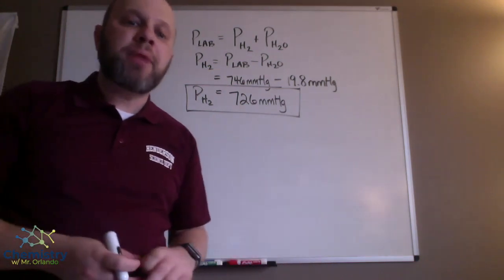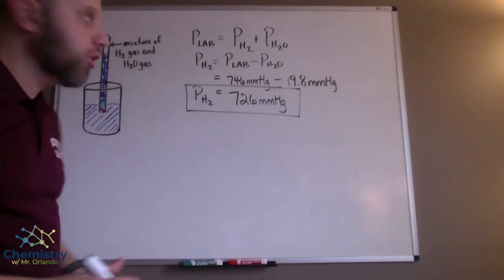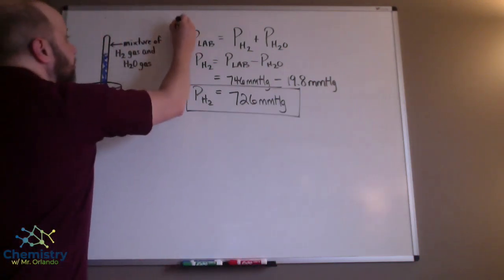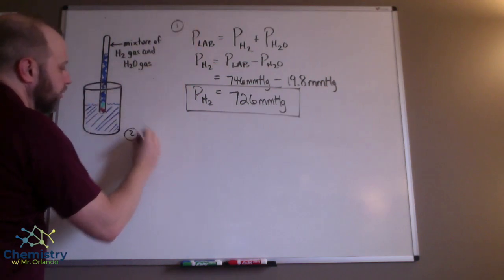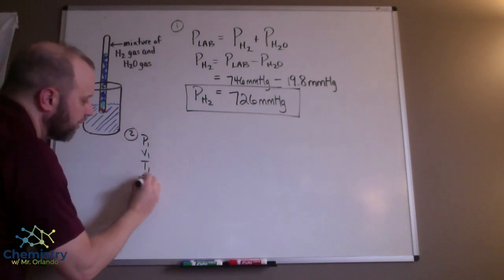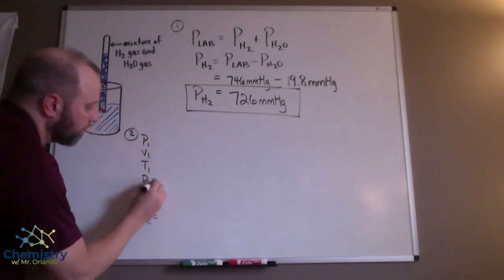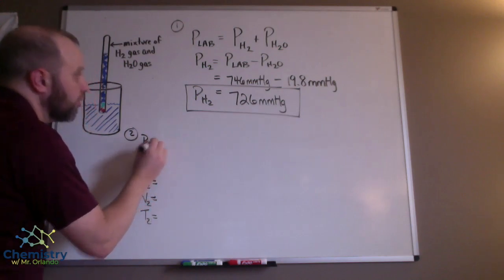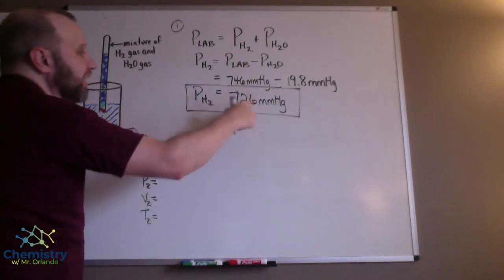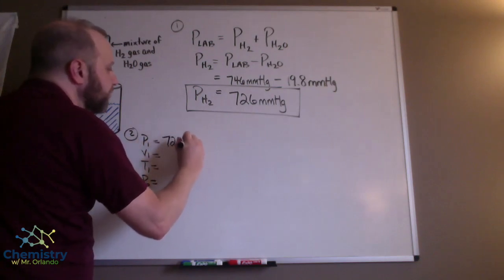So for problem number 2, since it's a combined gas law problem, I'm going to start by writing out all of my variables on the side here. So I'm going to have P1, V1, T1, P2, V2, and T2. The pressure of the hydrogen initially when we collect it in the lab is 726 mmHg.